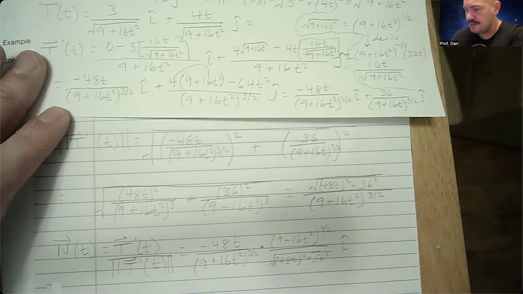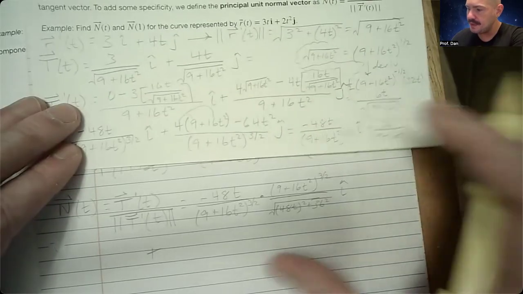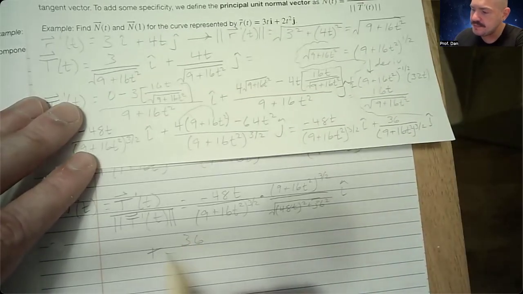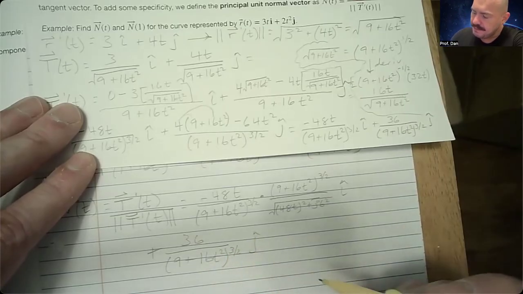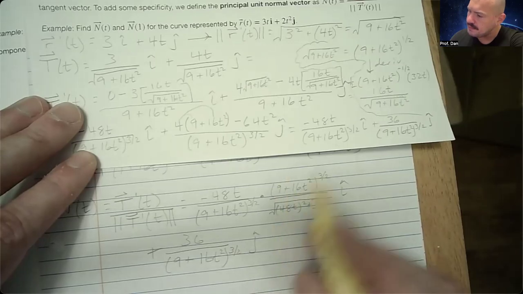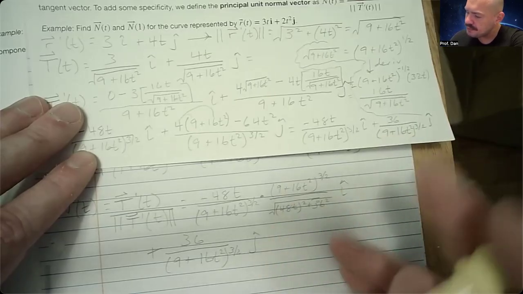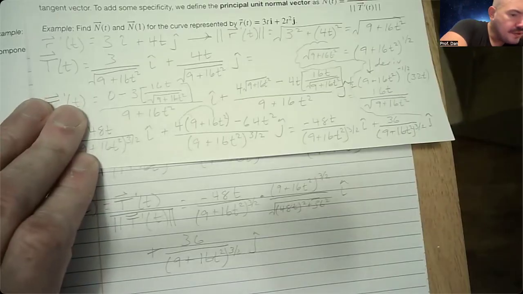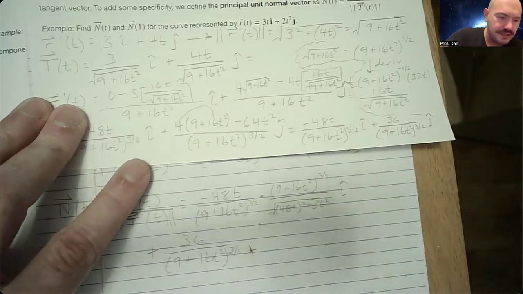And that's our i component. Plus, then we had 36 over our same denominator. Oh, whoops. Forgot to divide by the magnitude.